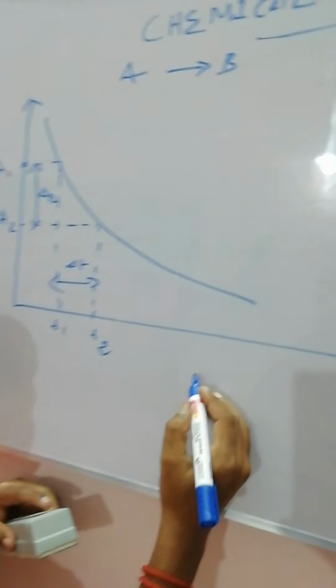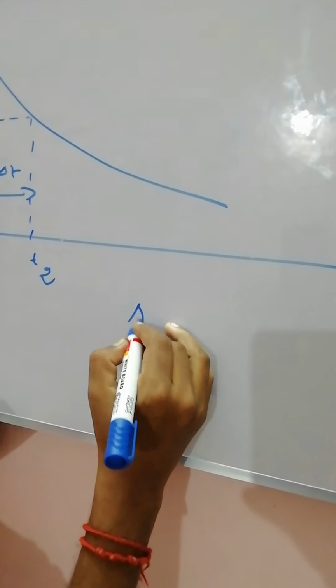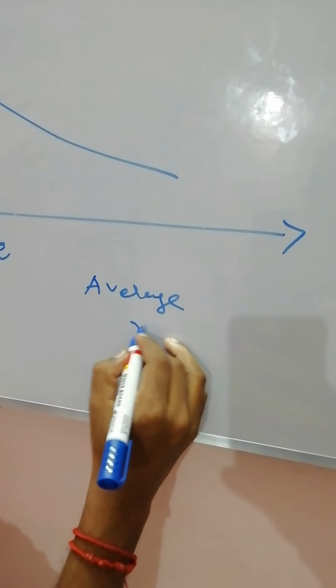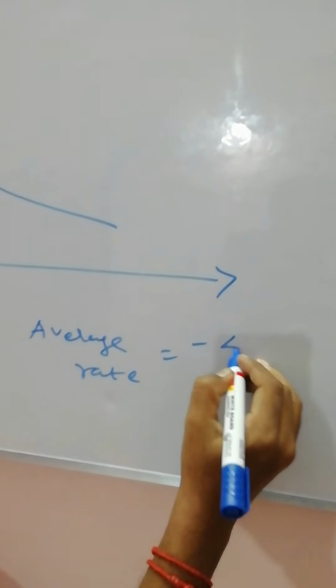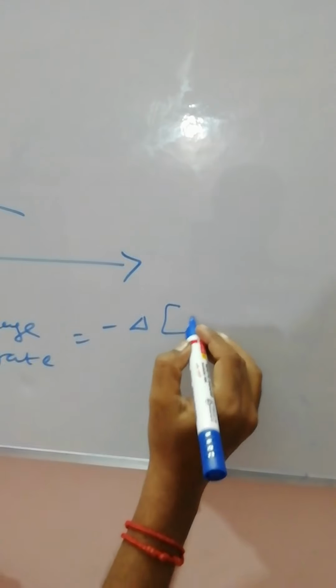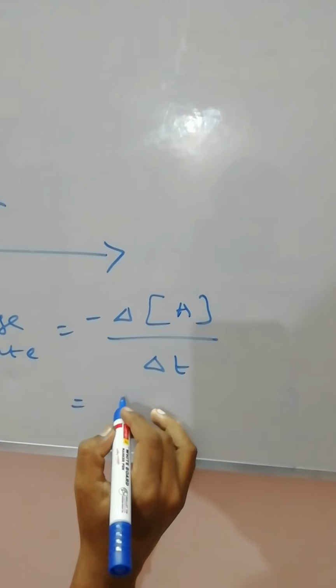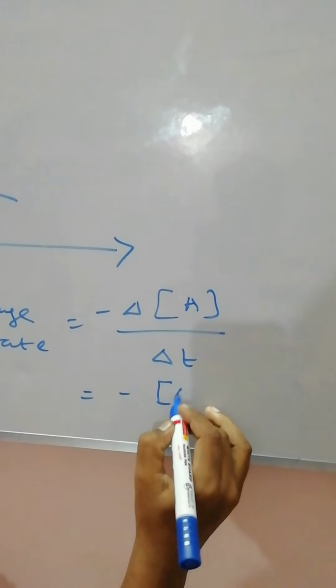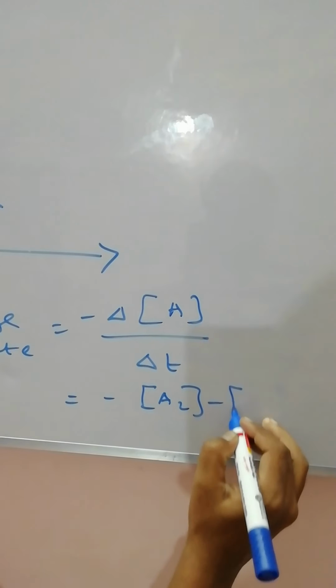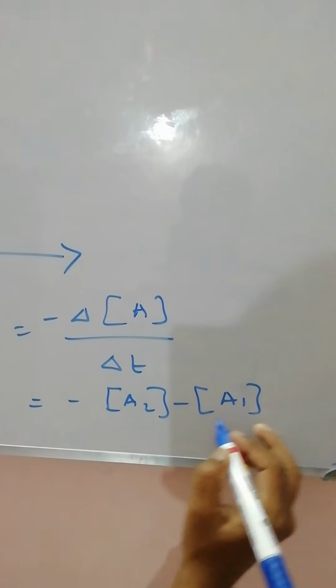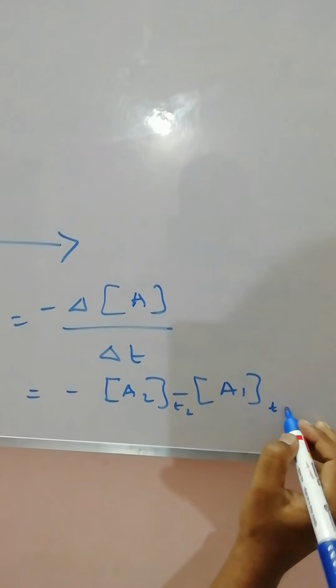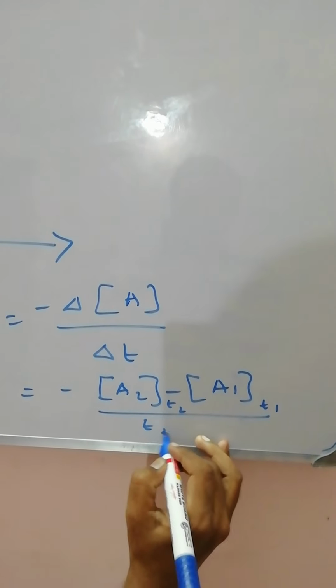Average rate is equal to delta minus delta, that we discussed, by delta T. This is minus the concentration of the second one minus the concentration of the first one, with time T2 minus T1.